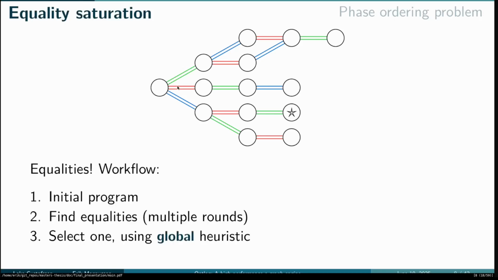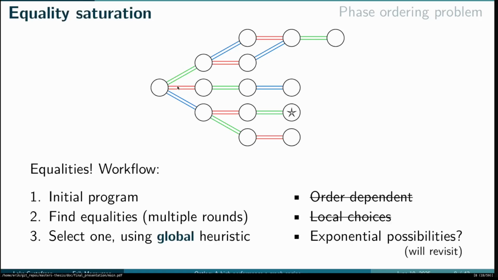So what we can do is try to build this space in some sense, and then pick the right solution. If we were to do this, we would not have the order dependency problem, because we would take both choices whenever we have the possibility of making a choice. That eliminates both order dependency and not seeing into the future.